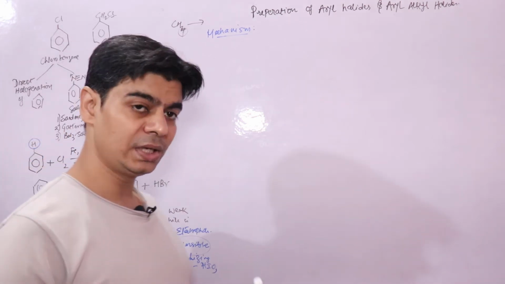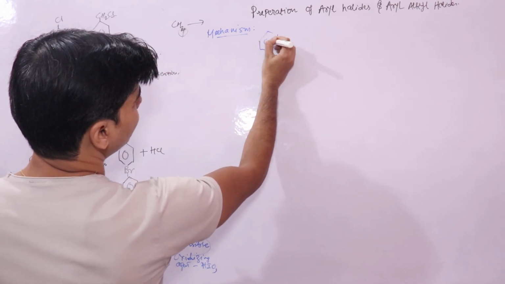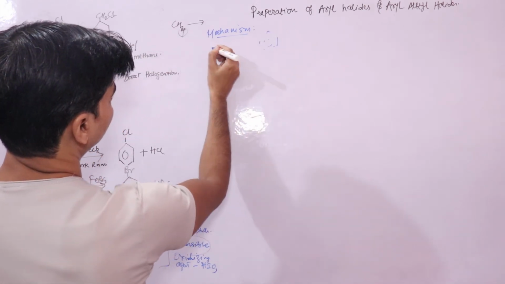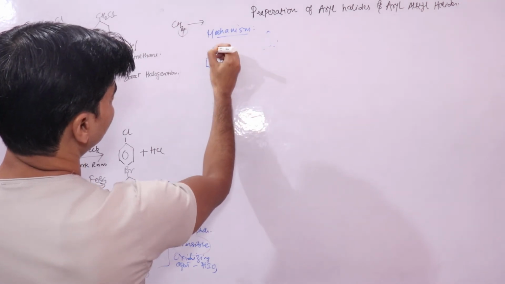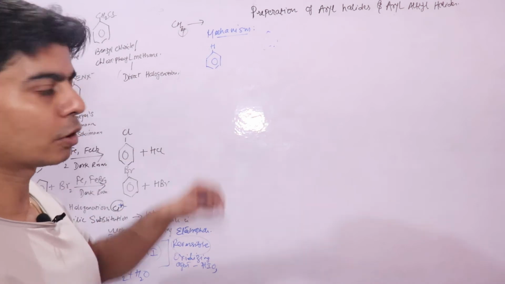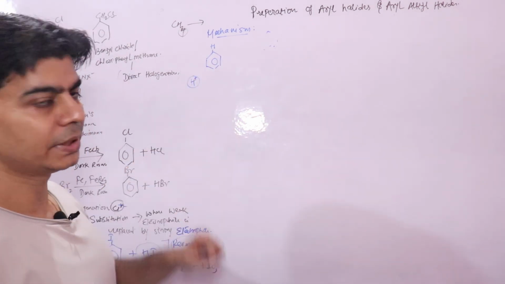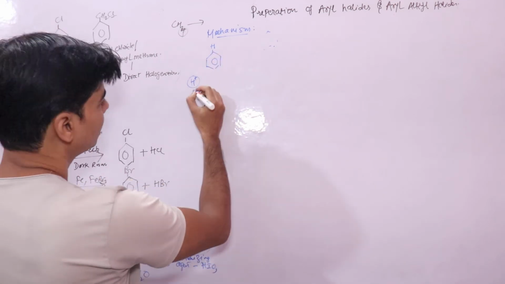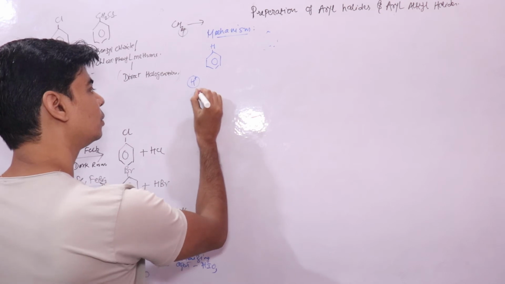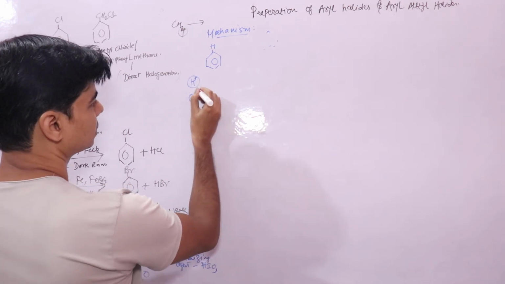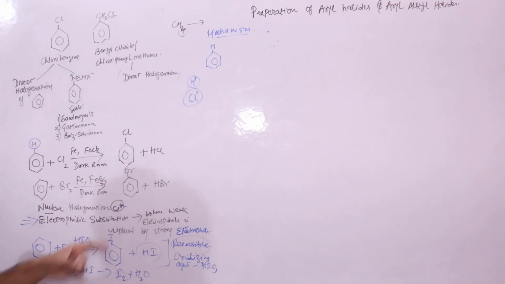So here the weak electrophile would be your hydrogen or a proton, which is attached to the benzene nucleus, and your strong electrophile would be this Cl plus, the chloronium ion, right? If you are preparing bromobenzene, it is the bromonium ion.